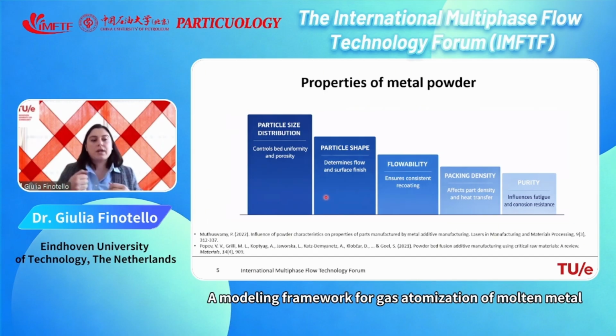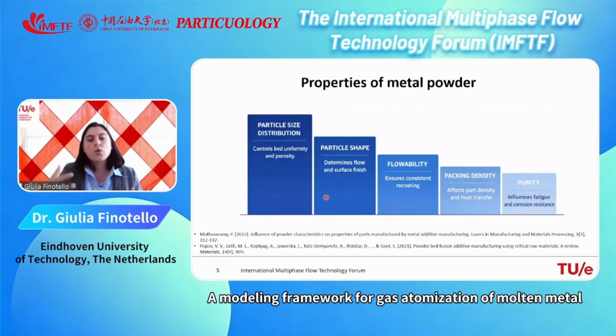The powder needs to have a high flowability because it needs to be carried and deposited in a layer. And the packing density is also important because if we don't have a good packing density, then the 3D parts can have some pores or defects, or it can also lead to negative mechanical properties of the part.